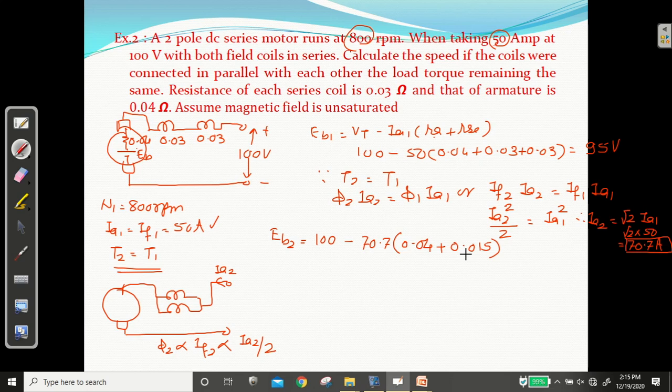I am getting 96.12. So I am getting EB2 equal to 96.12.